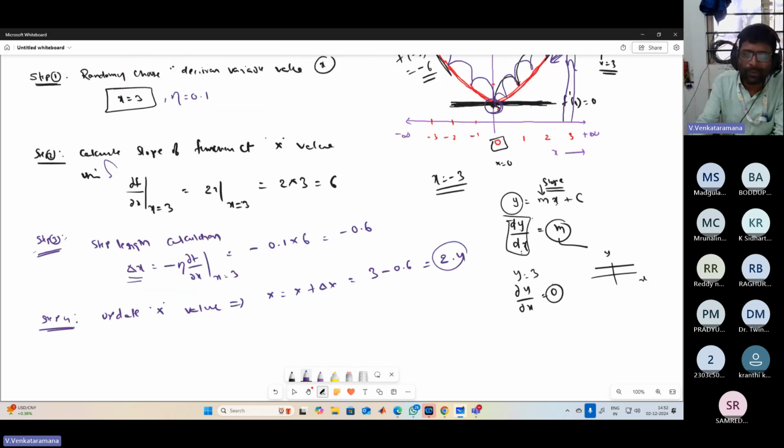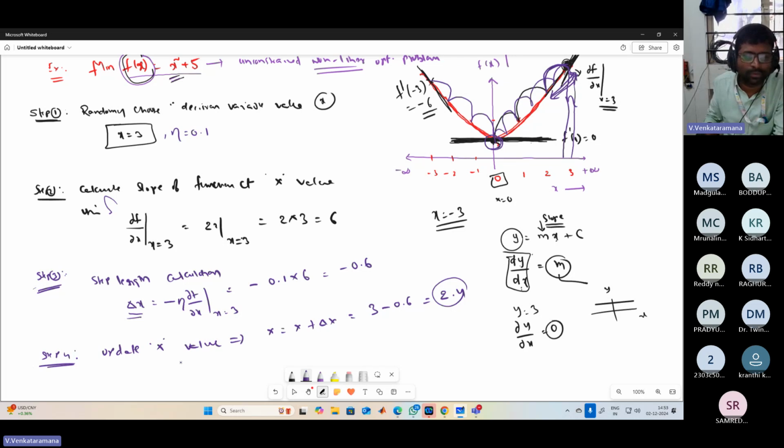So what next? x is updated. Now we repeat step number 2, step number 3, and step number 4 every time. Again use this 2.4, calculate the gradient, calculate the step length, and update the x value. Then 2 iterations are completed.